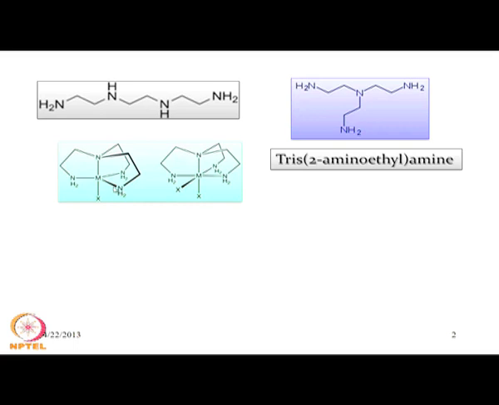The bonding property of these 3 NH2 groups is of the same type, and they attach directly to the metal center, say copper 2 plus, and remain in a single plane. This is our trigonal plane, and the bipyramidal part is that one nitrogen from the central nitrogen of the amine, and another one can be Cl, Br, or F when we are reacting with copper chloride, copper bromide, or copper fluoride. So, we get a TBP geometry.